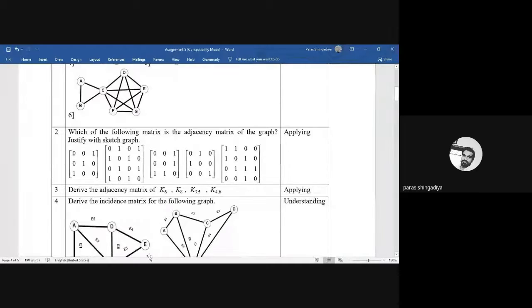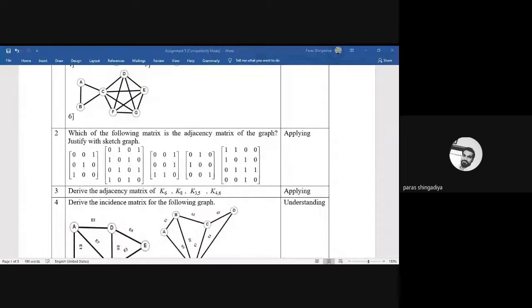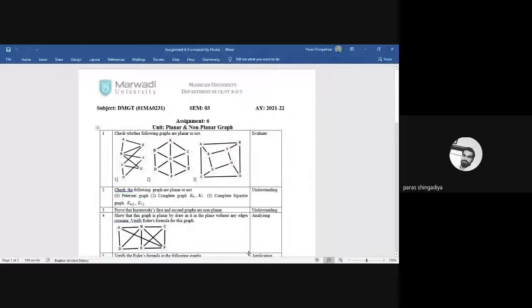Okay, so let's start the next assignment. Let us complete 1 or 2 questions for that assignment. It is also available in the e-content, assignment 6, the unit of planar and non-planar graphs.